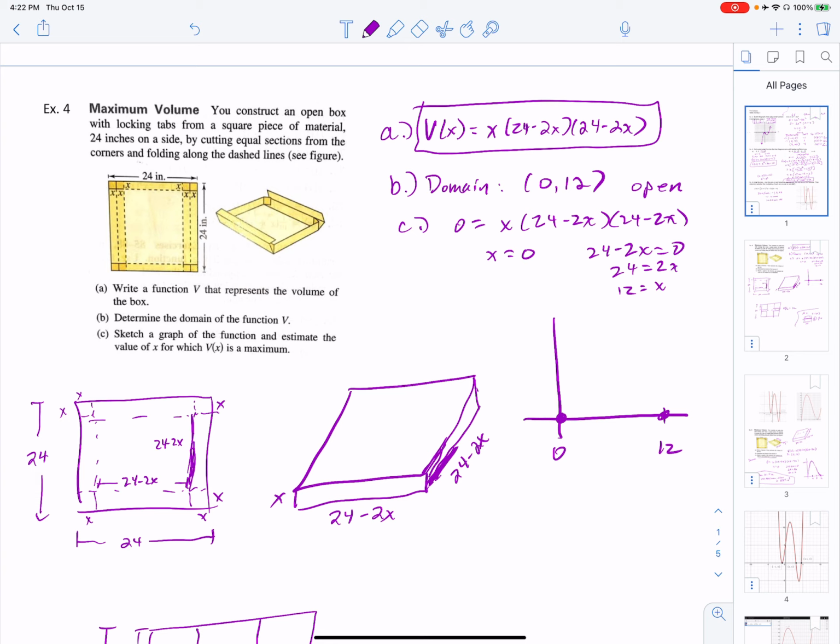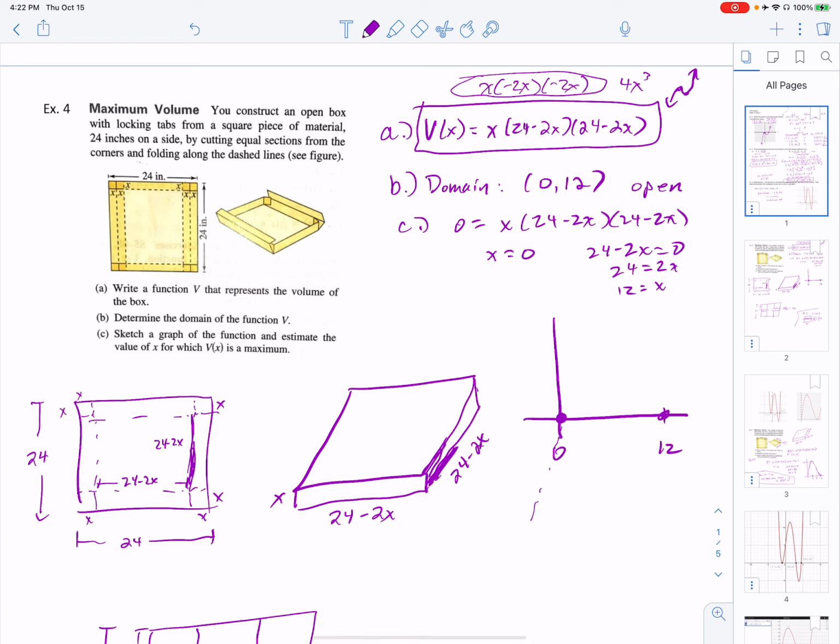And if I thought about this volume, I would get an x, a negative 2x, and another negative 2x for my leading term. If I expanded this, the largest and leading term would end up being 4x cubed, which means you can have up to 2 turning points, one less than the degree, and that the end behavior would start by decreasing and end by increasing.